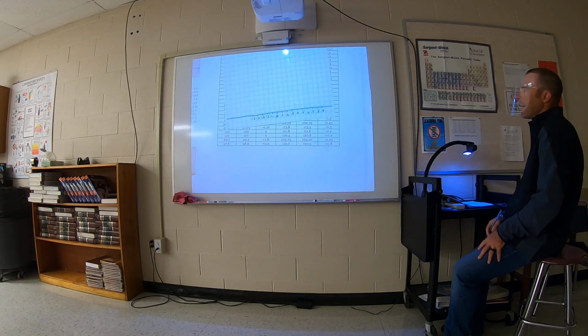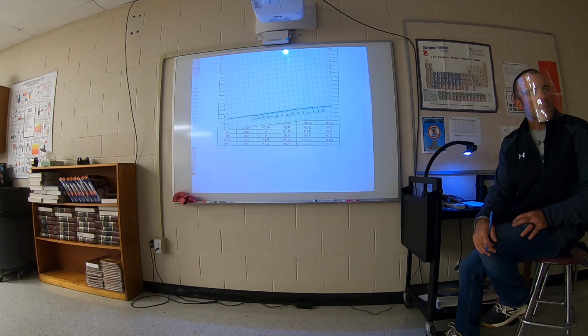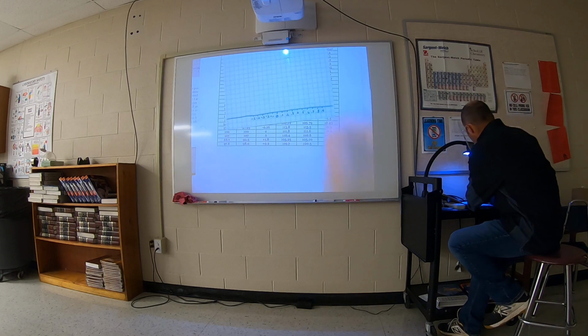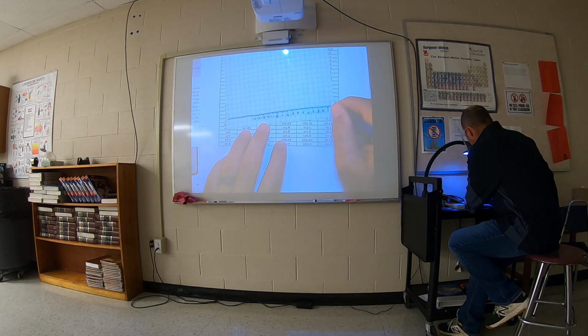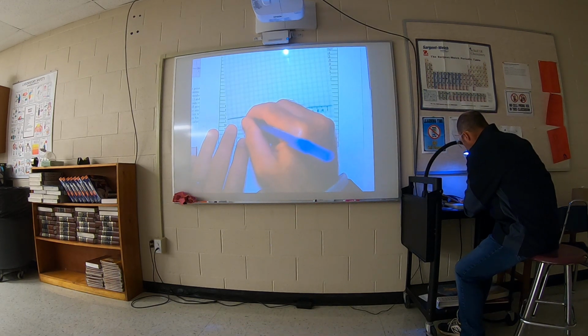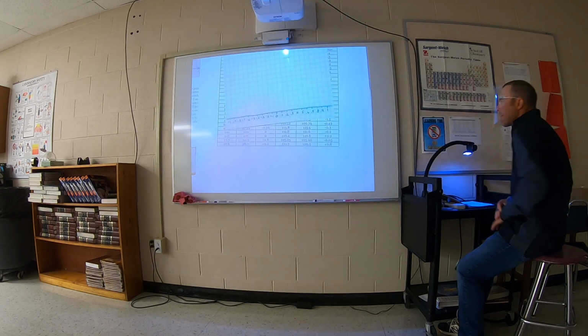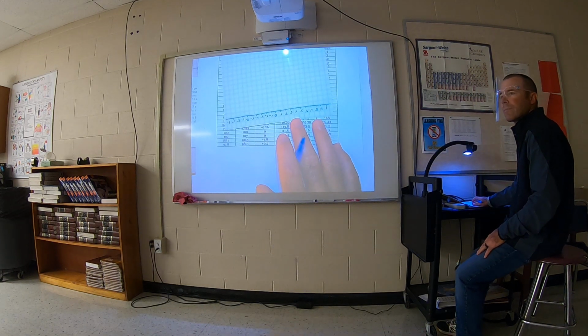What's after 0.9 if you're going by tenths? 1, right? Okay, so this is going to be 1. Just like that.